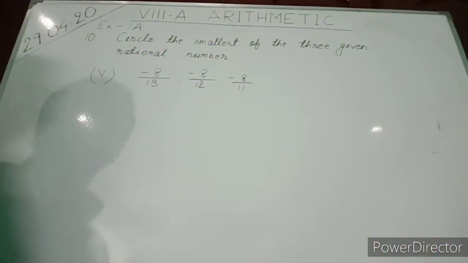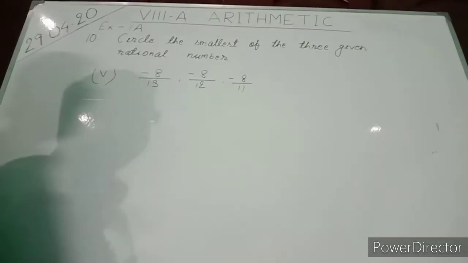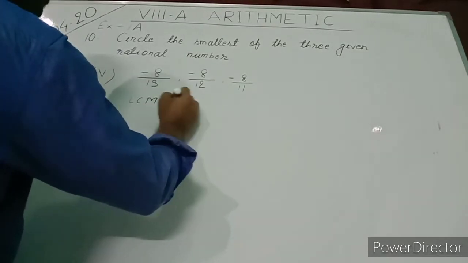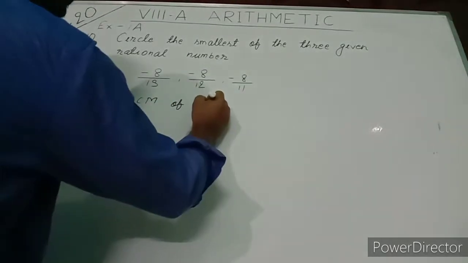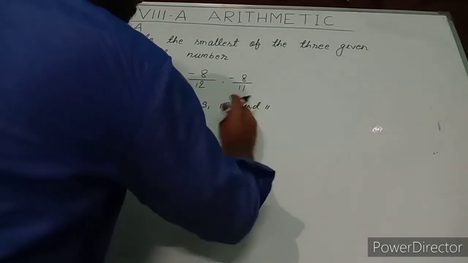In this question 10.5, these three fractions are minus 8 by 13, minus 8 by 12 and minus 8 by 11. So we find the LCM of these three. LCM of 13, 12 and 11.